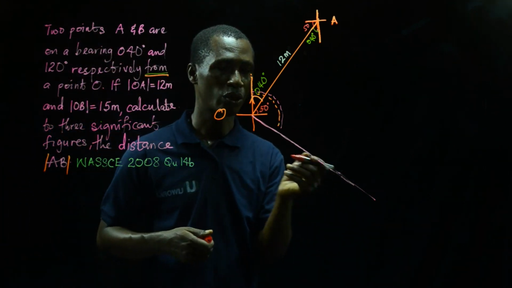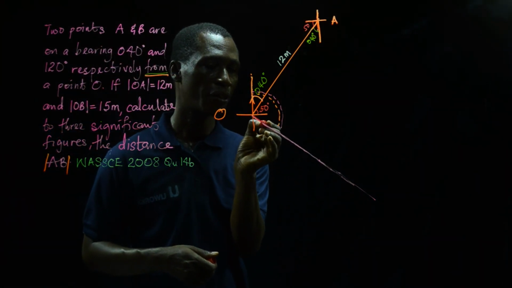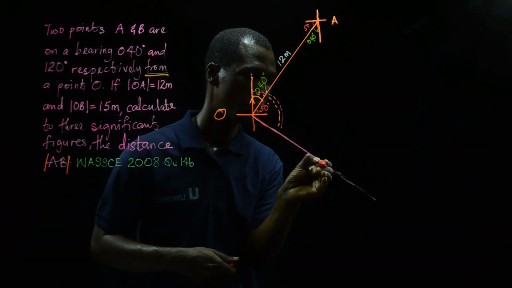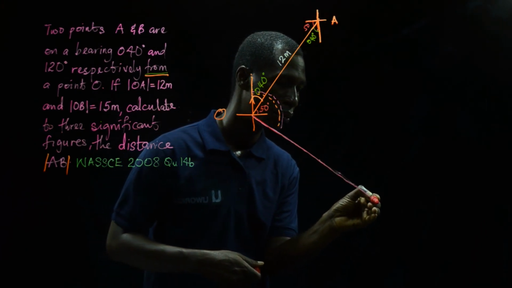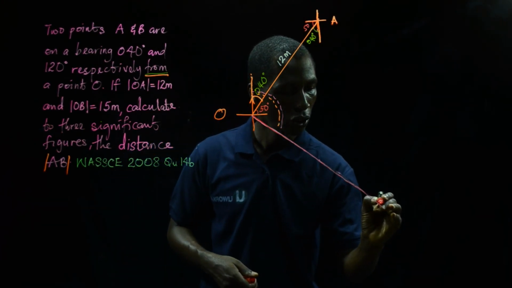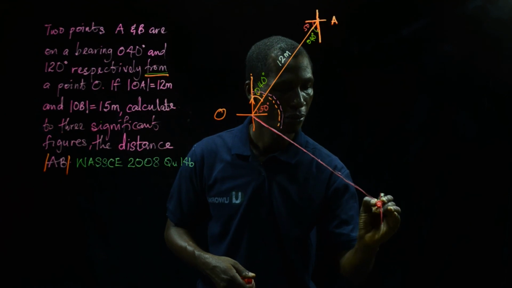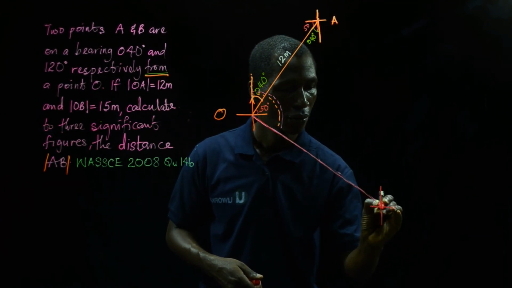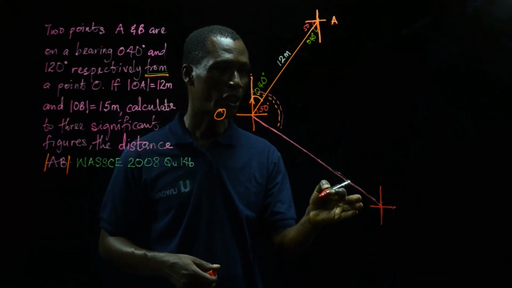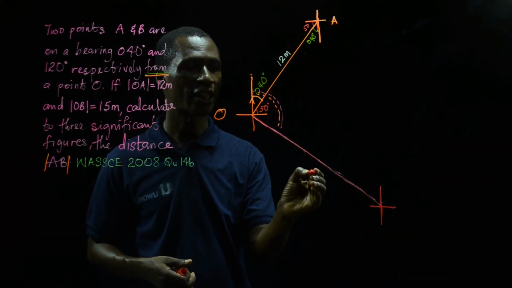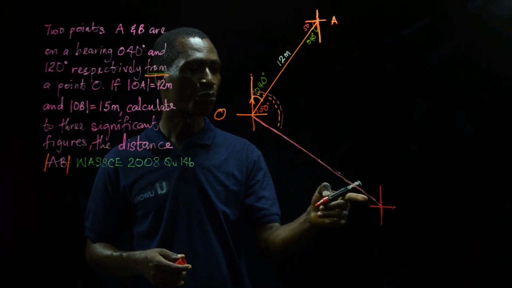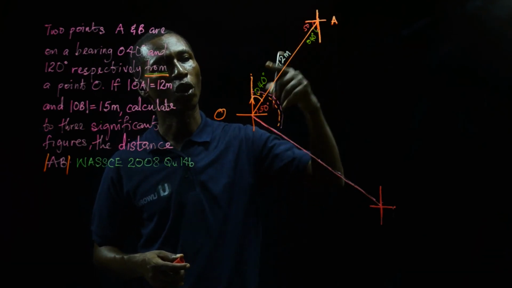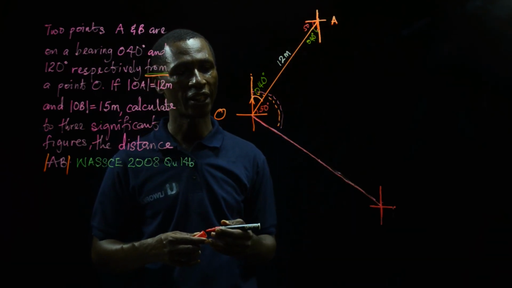Just extending it with this so that the ink will be clear. Good. So this one comes here. I have to elongate this because naturally we should know that 15 meters will be longer than 12 meters, so that you can fit the figures very well.